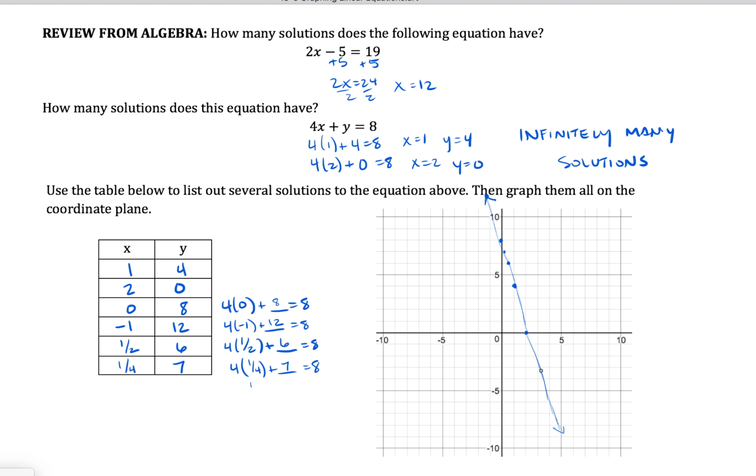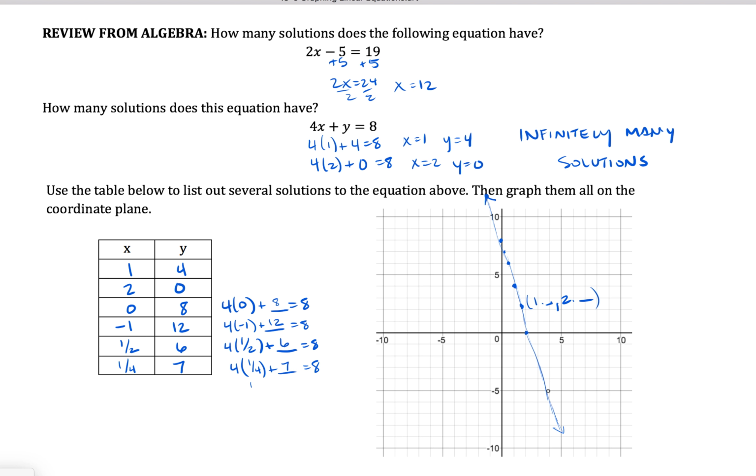Anywhere I would put my pen or my pencil on that line, whatever the coordinates of this point right here are, which looks to be about 1 point something, 2 point something, that specific coordinate ends up being a solution that works in 4x plus y equals 8, this equation that I was working with, right? So the graph of a linear equation is a representation of all the possible solutions to that equation. There are infinitely many because there are infinitely many points on a line.